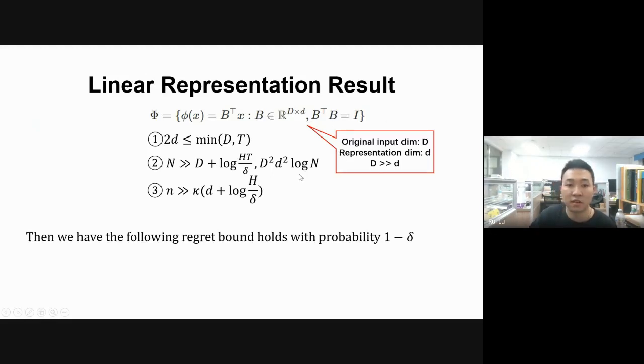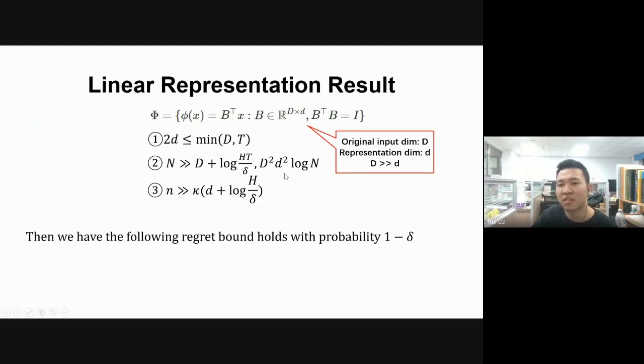And there are 3 more conditions to ensure that the algorithm can converge and have a good approximation rate. So first is that the number of tasks should be enough. It should be at least more than 2 times the dimensionality of the representation. And second, capital N is the number of samples to learn the representation, and it should be larger than these 2 terms.